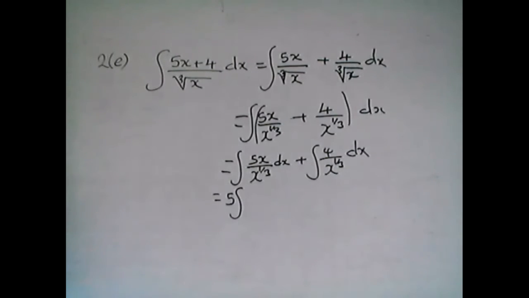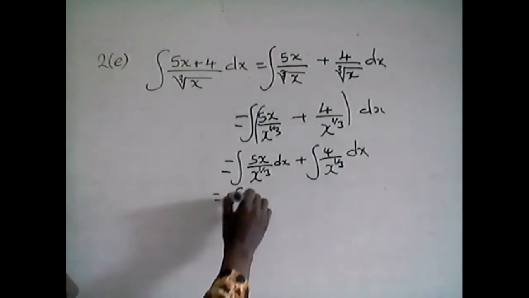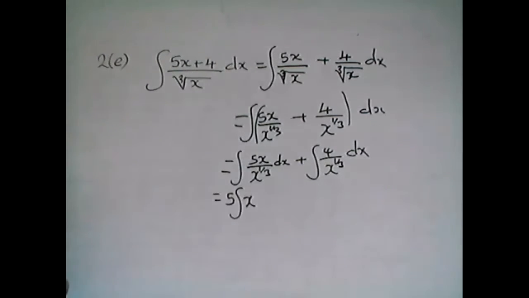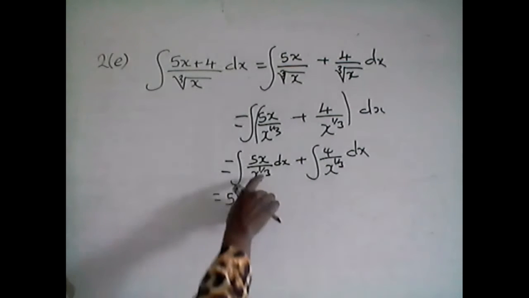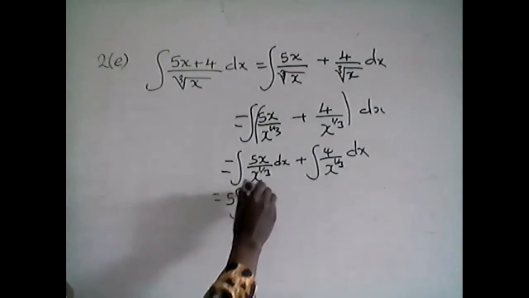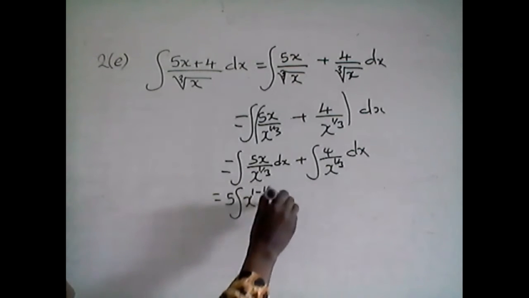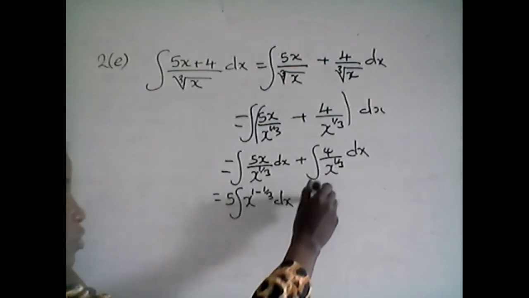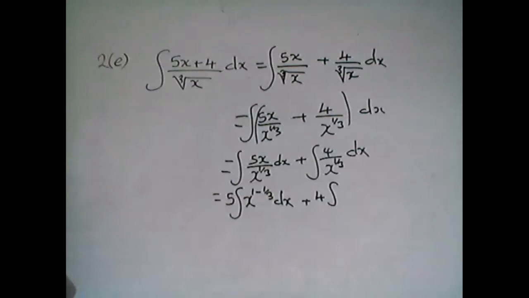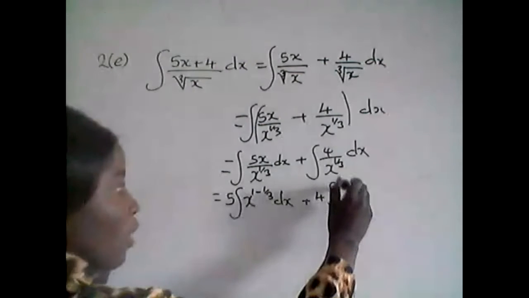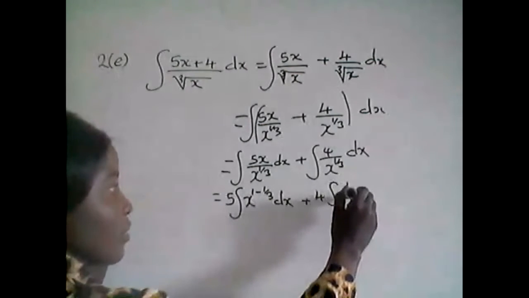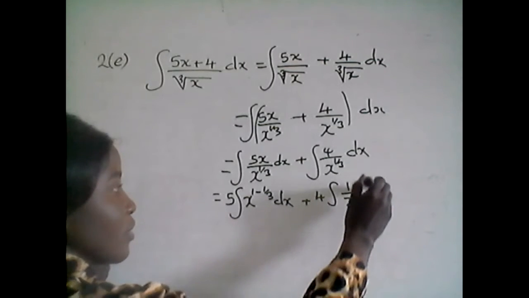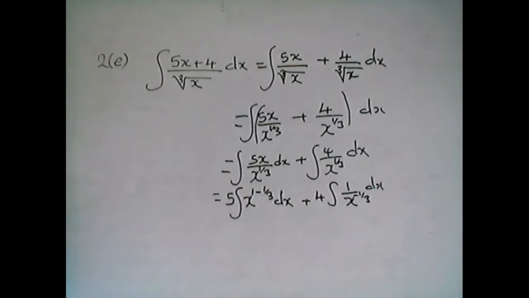When you are dividing indices, you subtract the powers. So this will give us x to the power 1 minus 1 over 3, dx, plus I'll factor out 4, and we have the integral of 1 over x^(1/3) dx.